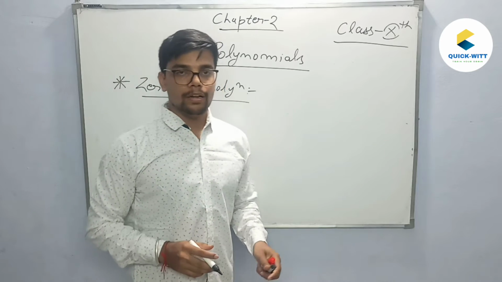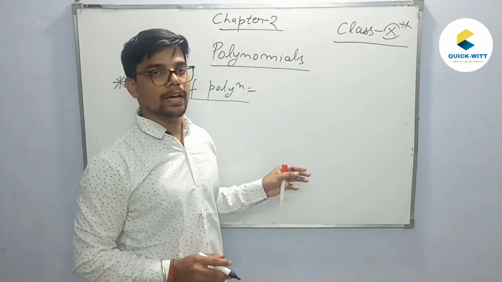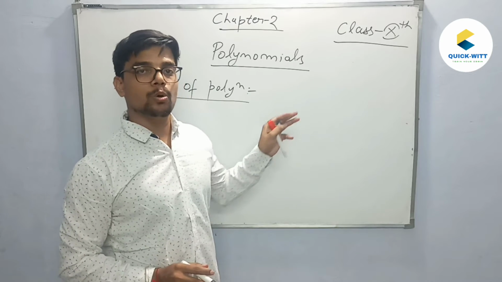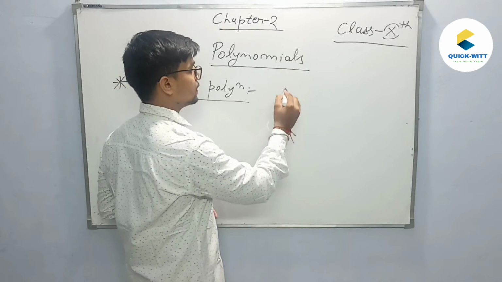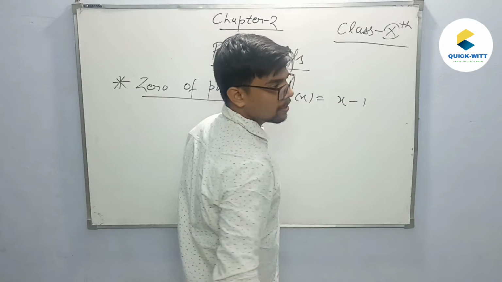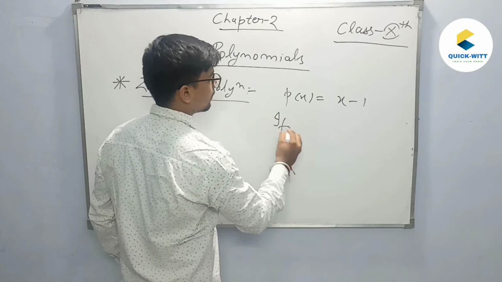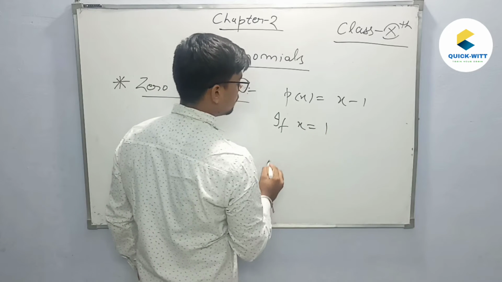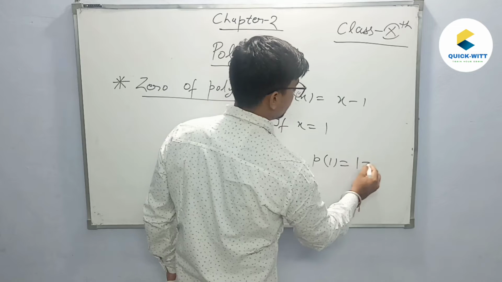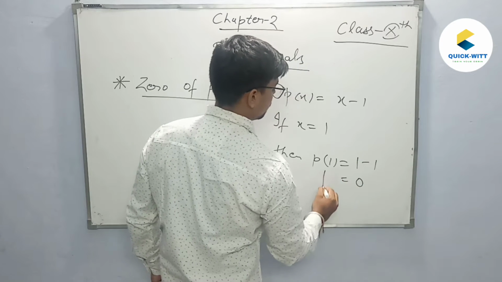Zero of a polynomial is a point which, when we put it in the polynomial, the value goes to 0. You can see here, if P(x) equal to x minus 1, and if x equal to 1, then P(1) equals 1 minus 1 equals 0.